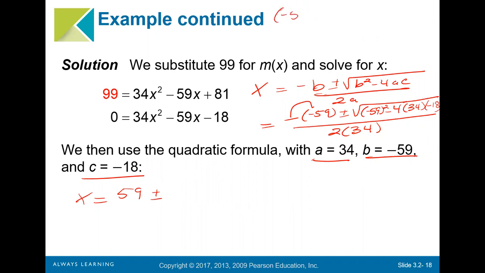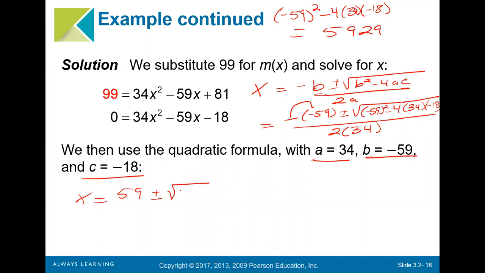We got negative 59 squared minus 4 times 34 times that negative 18. So let's do this. And what did I get? Wow, this here is a positive number. I got this number here. So I know I'm going to have some real solutions going on.